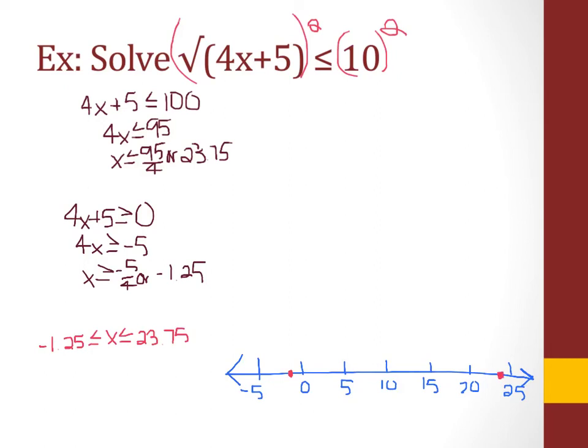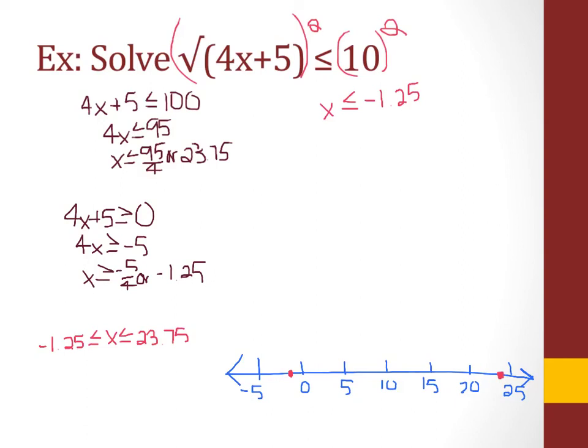Now we need to check all of our different regions. So we need to first see what's happening when x is less than -1.25. We're looking at what's happening on our number line to the left of that point.